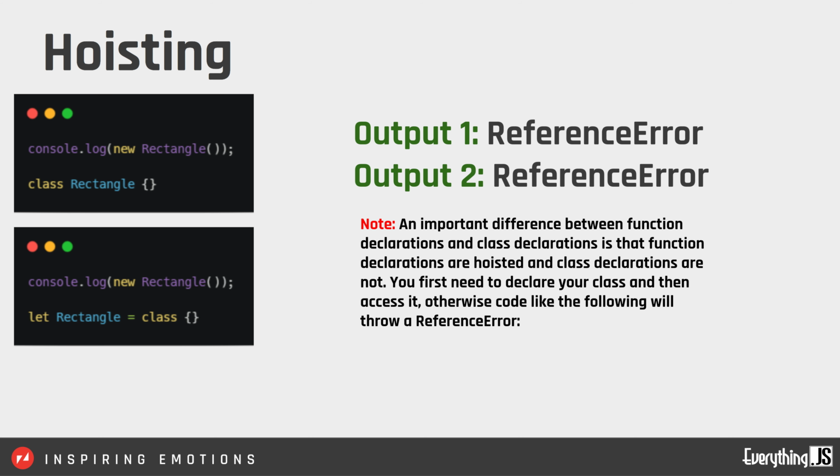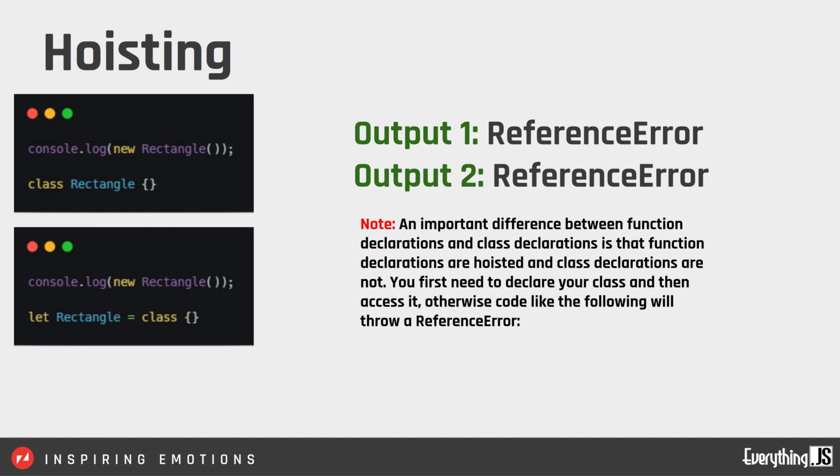The important thing related to class hoisting is that none of these are going to hoist, not like functions. The first one is a class declaration. It is not going to hoist, so it is going to output a reference error. The second one is a class expression. It's also not going to hoist, so output 2 also gives a reference error.